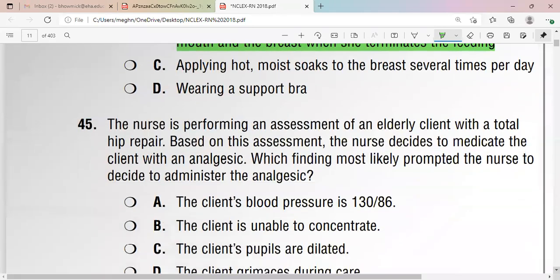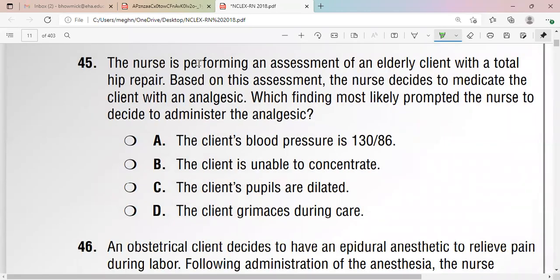And the next question goes: the nurse is performing an assessment of an elderly client with a total hip repair. Based on the assessment, the nurse decides to medicate the client with analgesics. Which finding most likely prompted the nurse to decide to administer an analgesic?